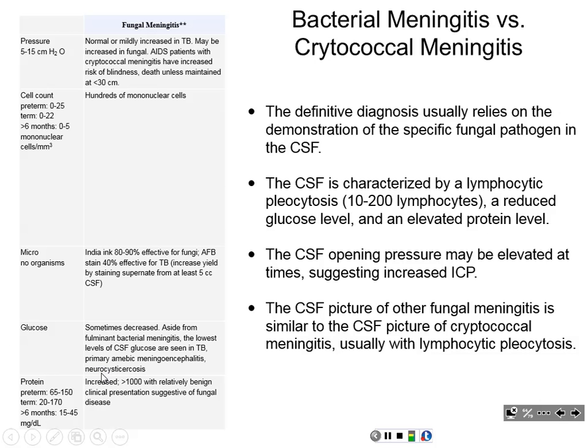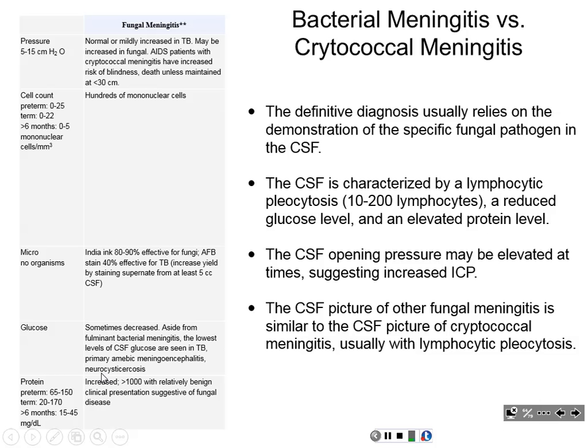And when we compare this with our bacterial meningitis, right? So bacterial meningitis was increased protein from all of the inflammatory cytokines, increased white blood cells from the increased vascular permeability, decreased glucose because of the inflammation blocking the GLUT transporters. Here, we're looking at CSF being characterized by lymphocytic pleocytosis.